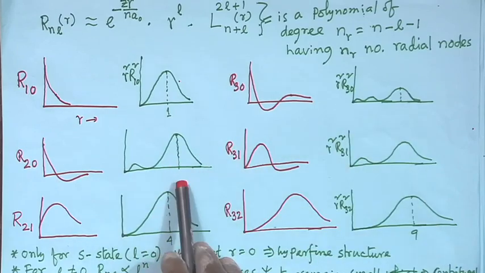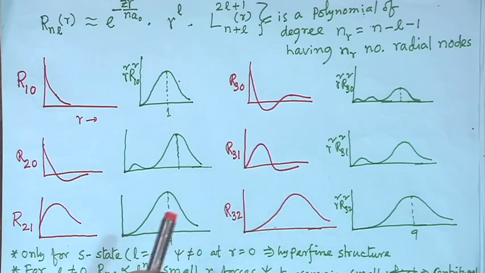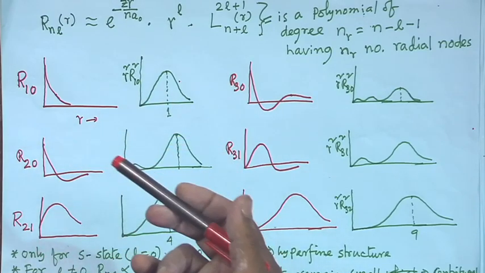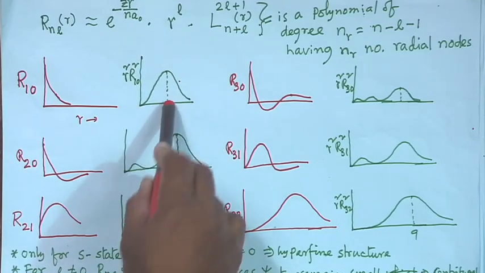What does it mean? Its meaning is that the probability to find the electron is maximum at this point, at this radius r.